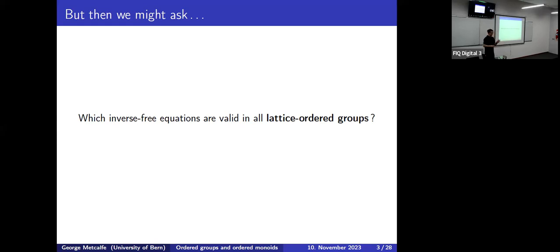A good example of this would be to take, again, Z times Z, the integers times the integers as a group, but now define a different order where you say (a, b) is less than or equal to (c, d) if a is less than or equal to c and b is less than or equal to d. So it's like the pairwise order. Well, obviously, this is not a total order, but it is a lattice order. So we'll also look at lattice-ordered groups and then lattice-ordered monoids.